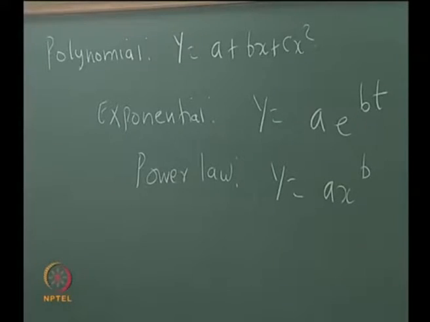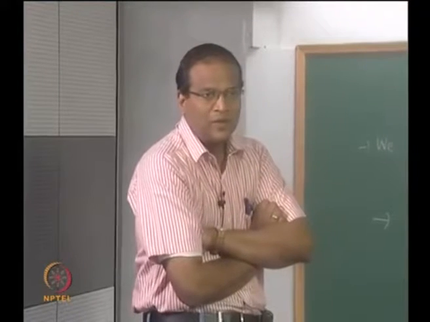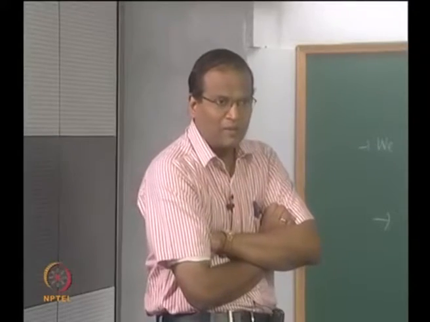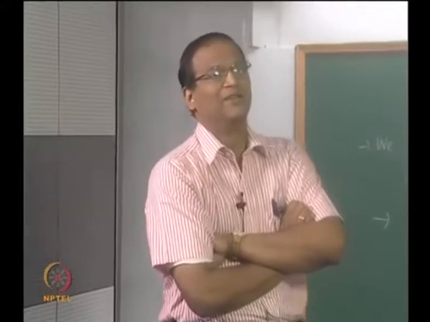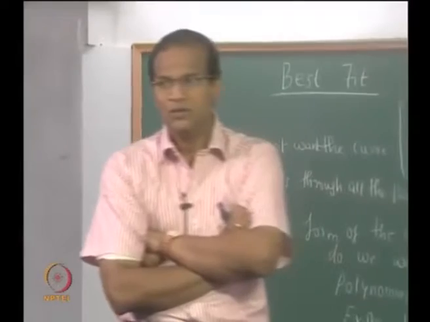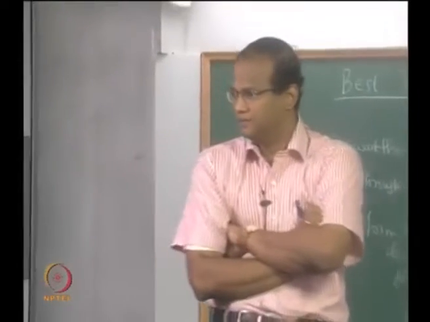So there could be various forms like this. But who will tell us what is the best way to get A, B, C for the polynomial, or A and B for the exponential, or A and B for the power law? We have chosen a form, all right. What is the strategy you would employ to get this A and B?